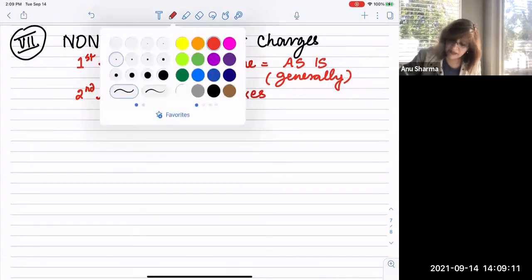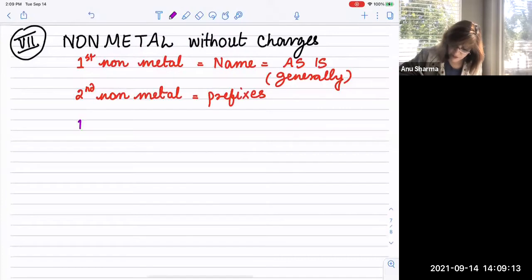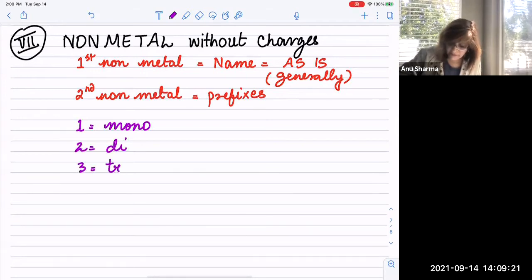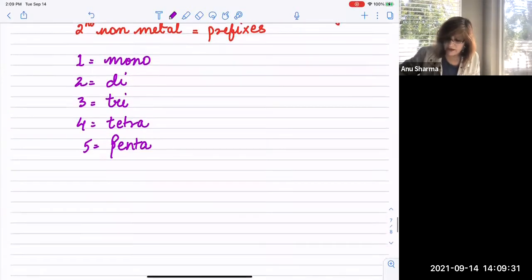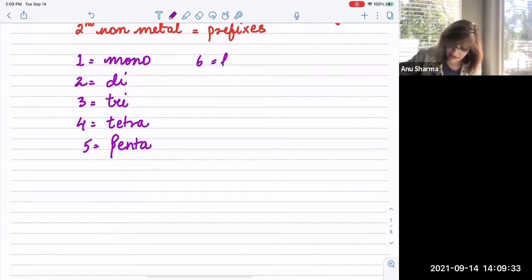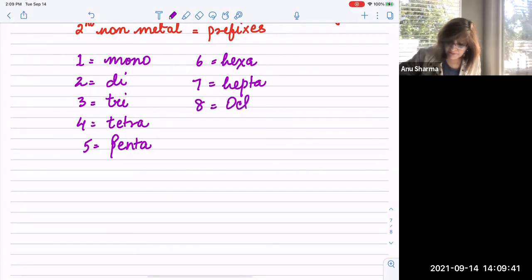Those names are: if it's only one, then it's mono, 2 di, 3 tri, 4 tetra, 5 penta, 6 hexa, 7 hepta, 8 octa, 9 nona, and 10 is deca.